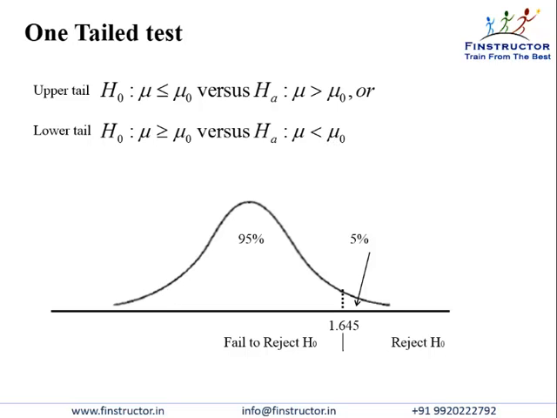Now let's look at the first hypothesis. We are hypothesizing that the mean is less than or equal to 40, for example. If the test statistic comes out to be 2 units, will we reject the null or will we definitely fail to reject the null?